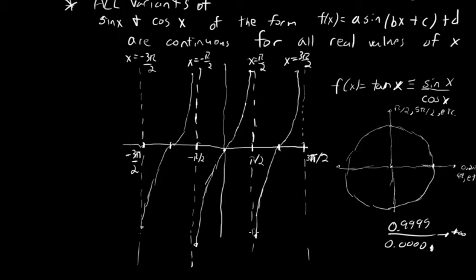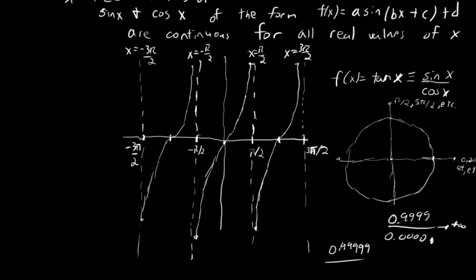Now when we're looking on the other side of x equals pi over 2, sine is going to be positive and very close to 1. Cosine is going to be negative and very close to 0. So we're going to have a situation like 0.99999 divided by negative 0.00001.